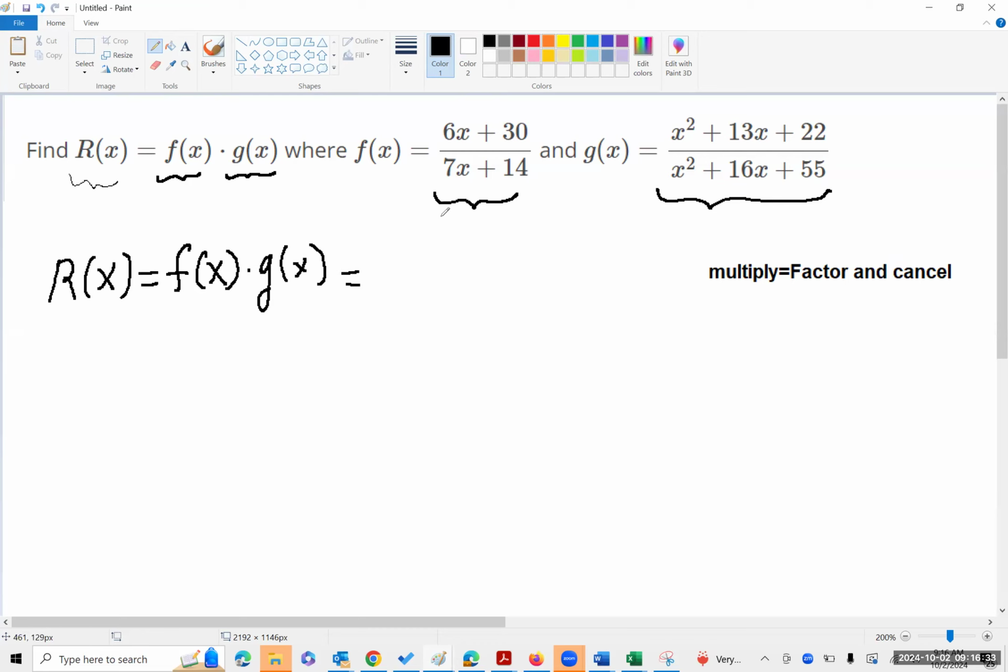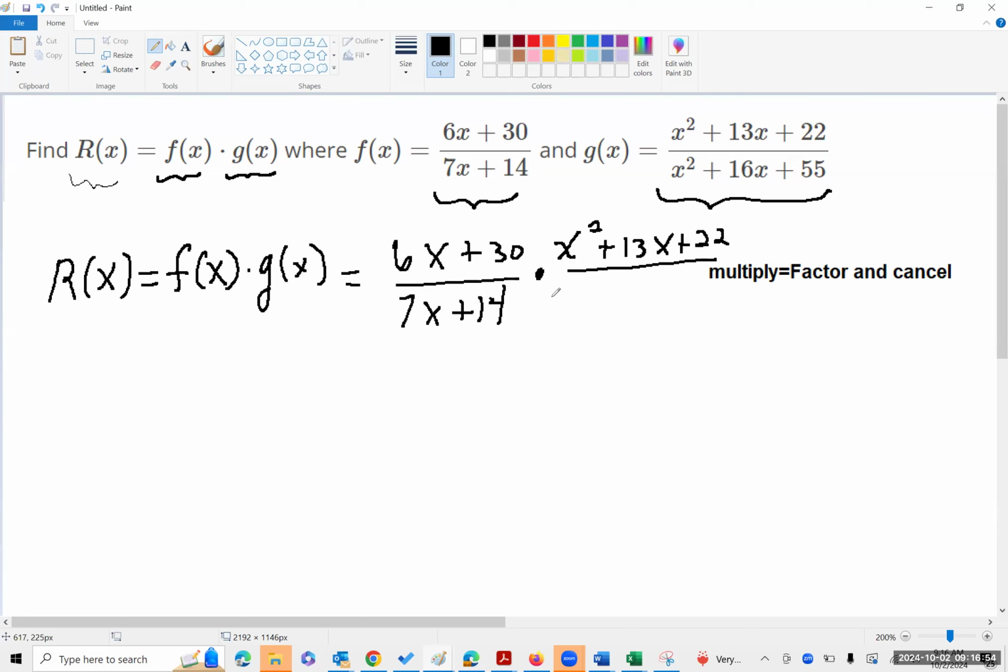But bottom line, you're going to take the 6x plus 30 over 7x plus 14 and multiply it by this expression, which is x squared plus 13x plus 22 over x squared plus 16x plus 55. Okay, but then again, we're going to factor and cancel.